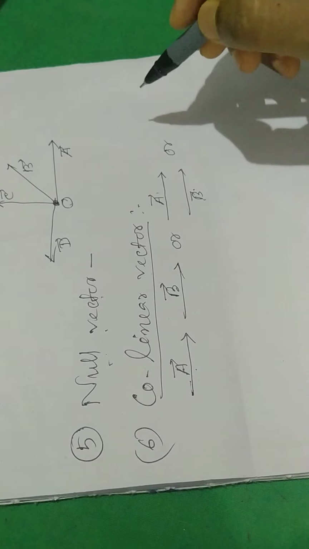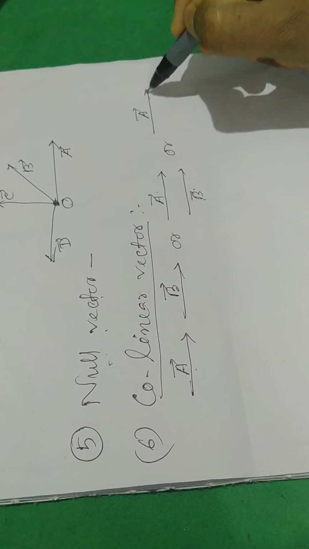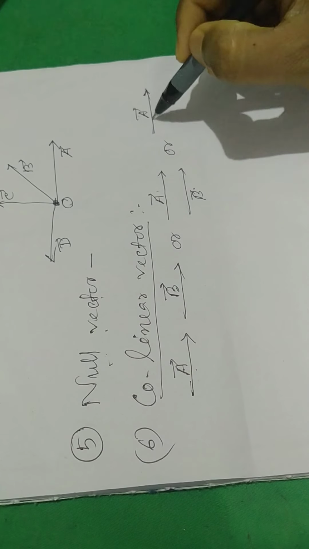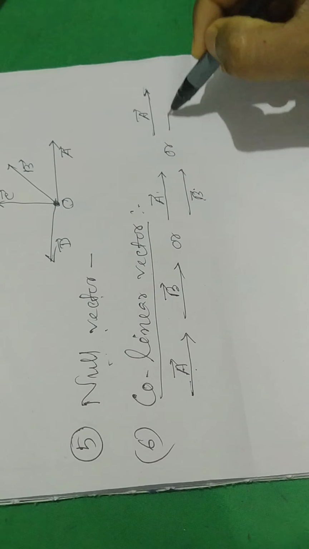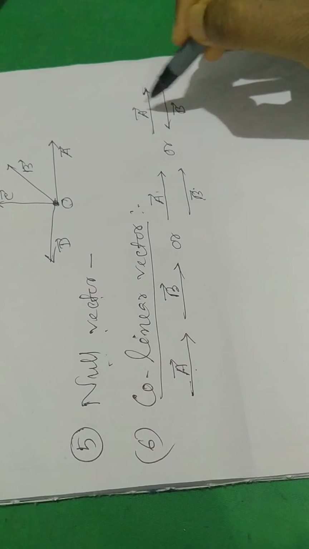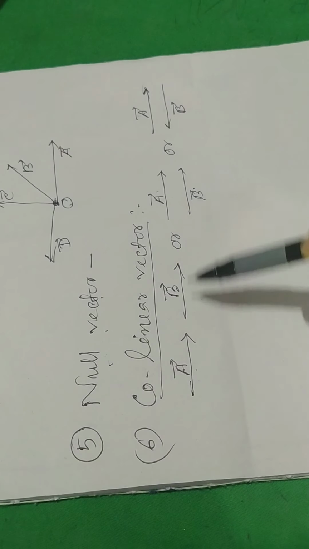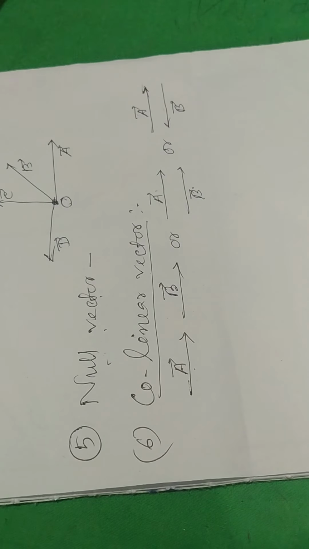Or one vector is in this direction and another vector is in the opposite direction. That is called antiparallel. These two vectors may be antiparallel. Then these vectors are called collinear vectors.